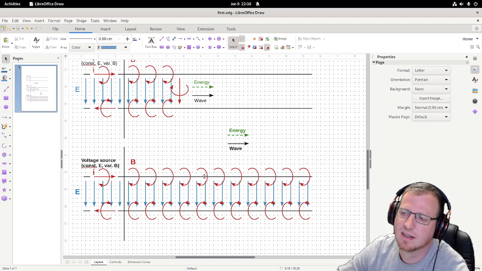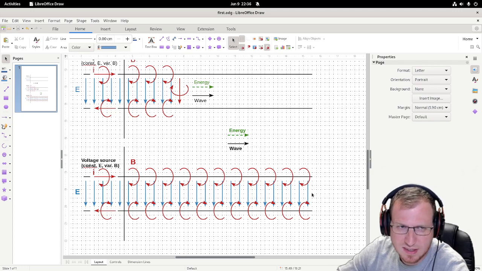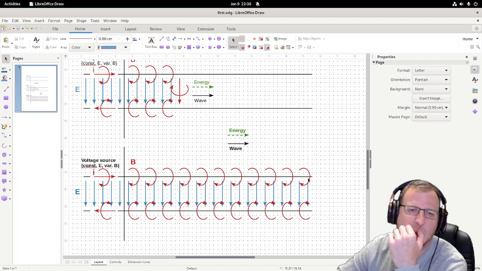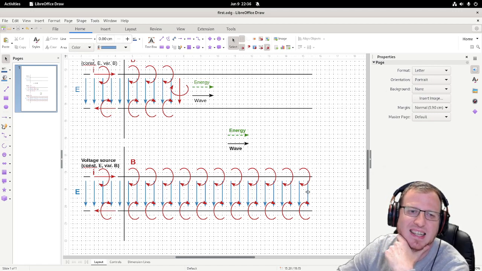And because of that, it still forces a current to flow from here to here. But that means that the electrical field is doubled.